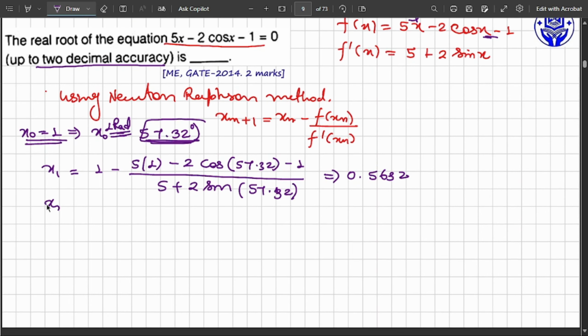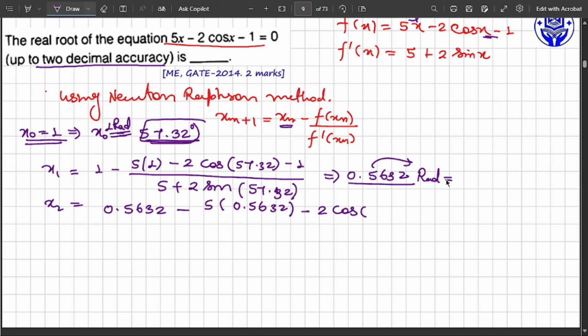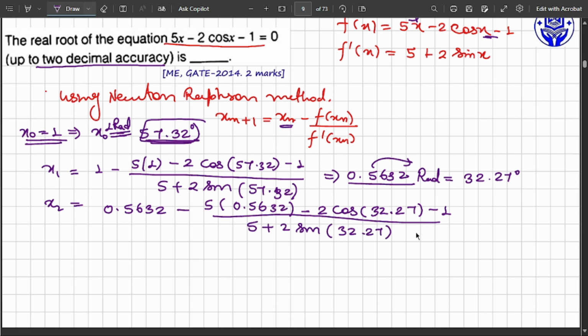So now again, what is x2? It is not 1 minus, it is the previous one; now this will be the xn. So it will be 0.5632 minus 5 into 0.5632 minus 2 cos of, the value equivalent to radian, which in degree form is 32.27 degree, minus 1, divided by 5 plus 2 sine of 32.27 degree.